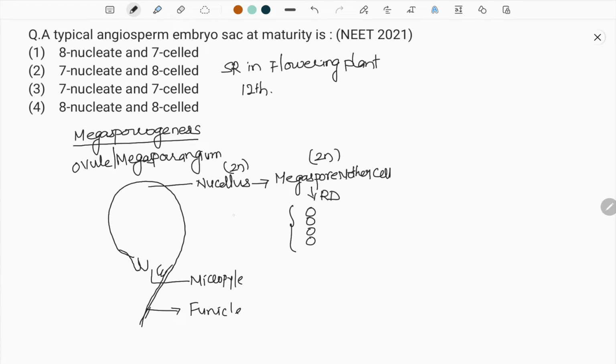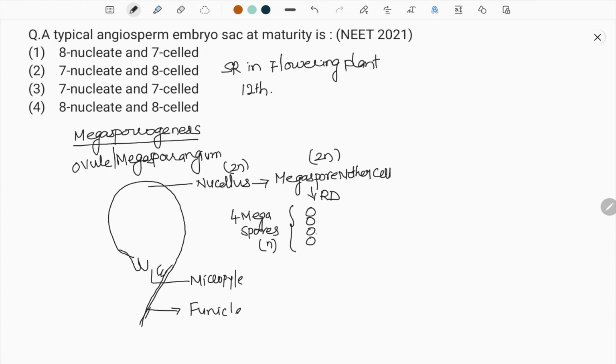These 4 megaspores are haploid in nature because they are the products of reduction division, or meiosis. As they are haploid, they are considered to be the initial cells of the gametophytes.